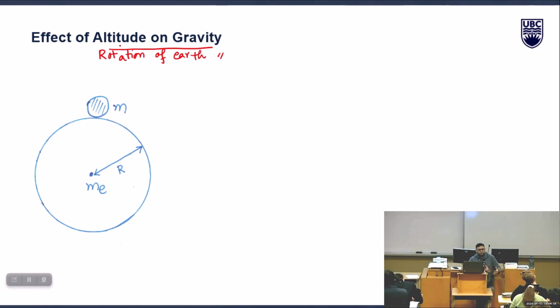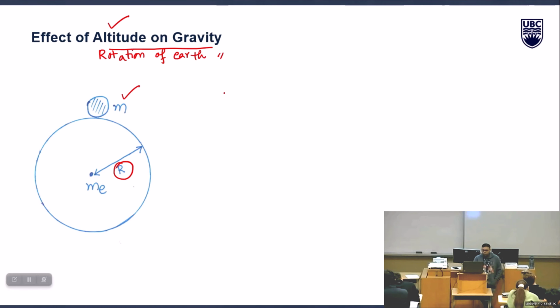But first let's discuss the effect of altitude. We know that if, for example, there is an object resting on the surface of Earth having a mass m, it will have the distance from the center of Earth, where all the Earth's mass can be assumed concentrated for the purpose of calculations. The distance between them will be equal to the radius of Earth itself, right?